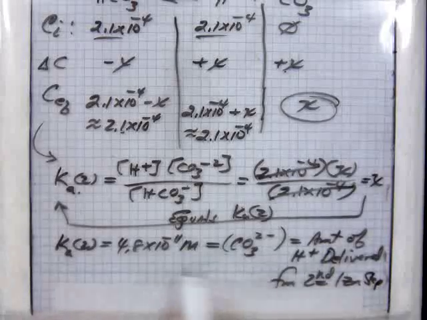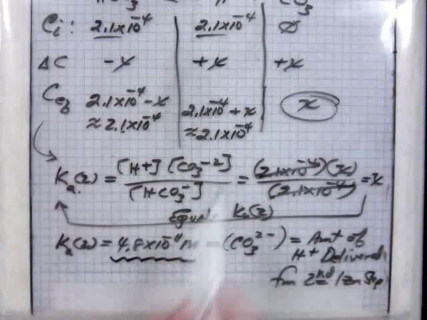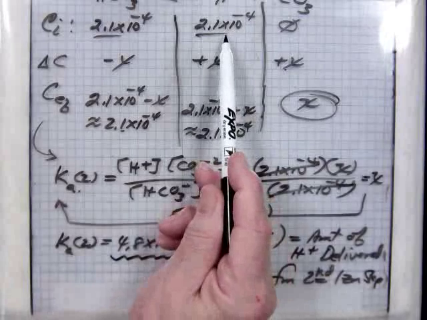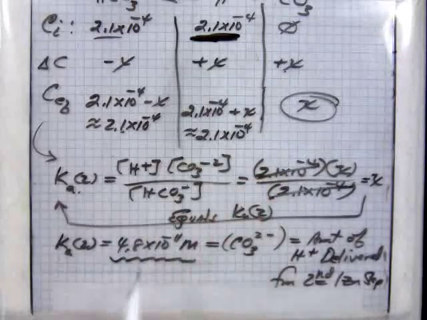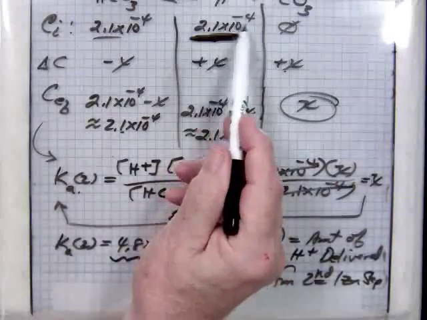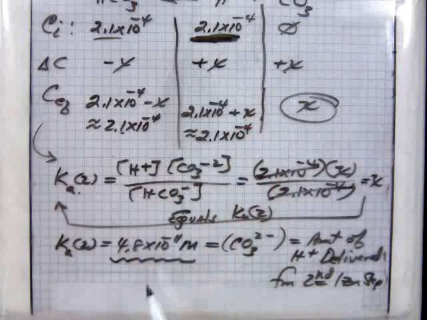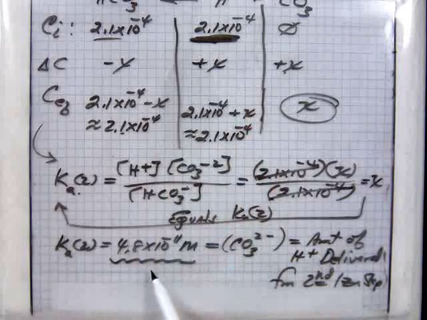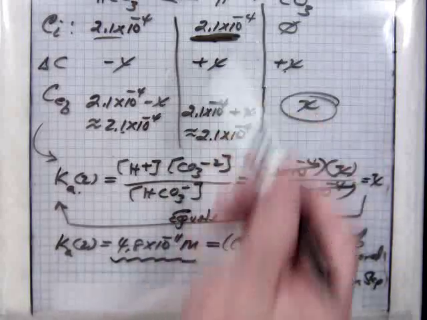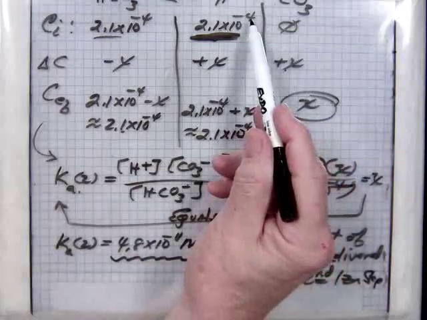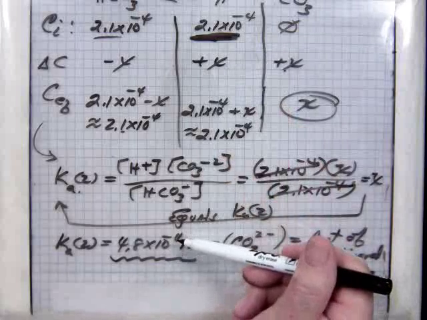So what we're looking at here is, this is from the first ionization step, 2.1 times 10 to the minus 4, and then you add to that 4.8 times 10 to the minus 11. How much of a change is that going to be when you add 10 to the minus 4 and 10 to the minus 11? None.